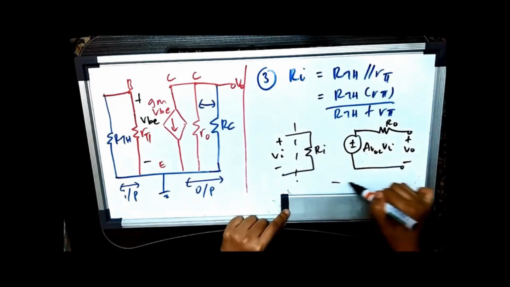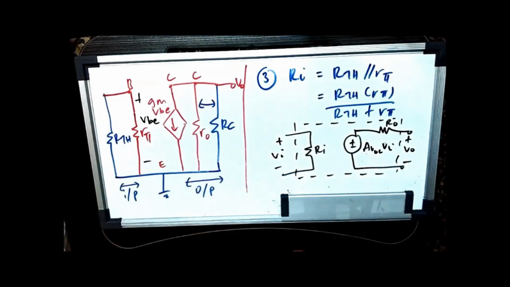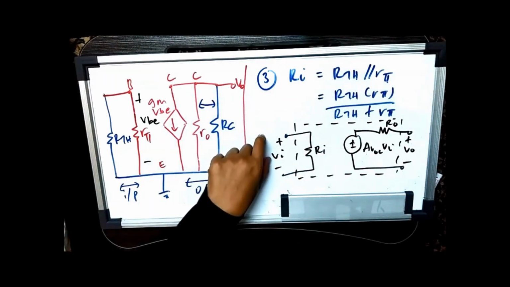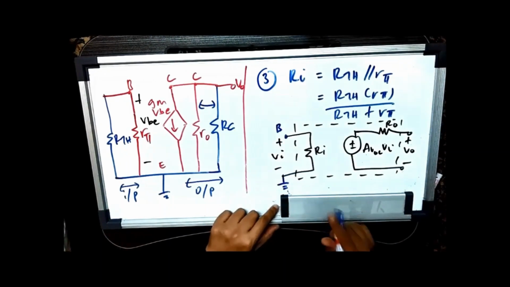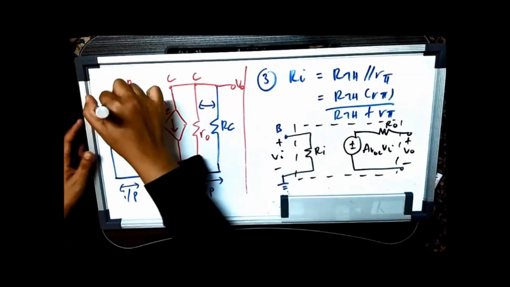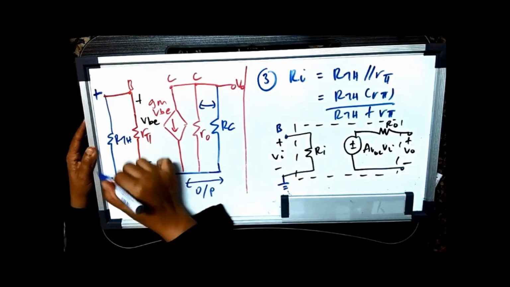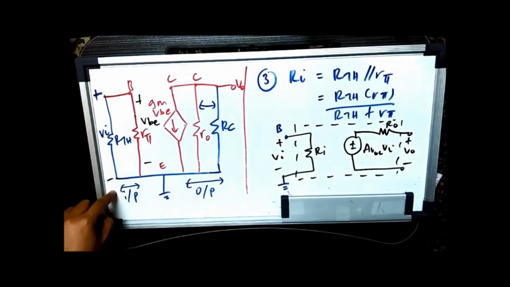This amplifier is simplified from this actually, and what I want to highlight here is this Vi is actually the measurement of voltage from base to ground. If I compare this, this is where my Vi is, from base to ground.